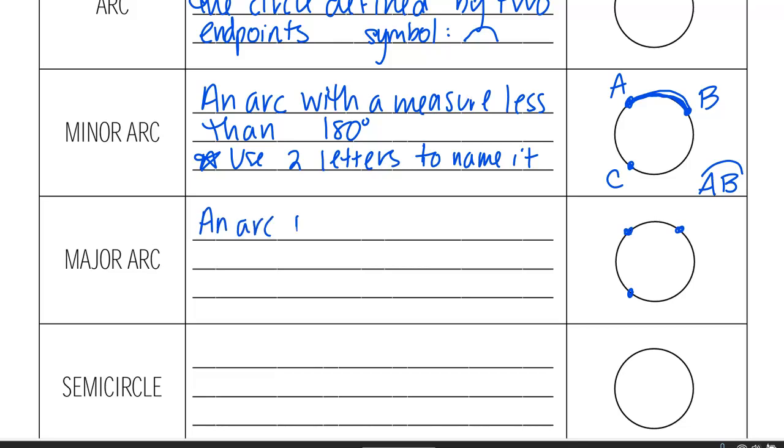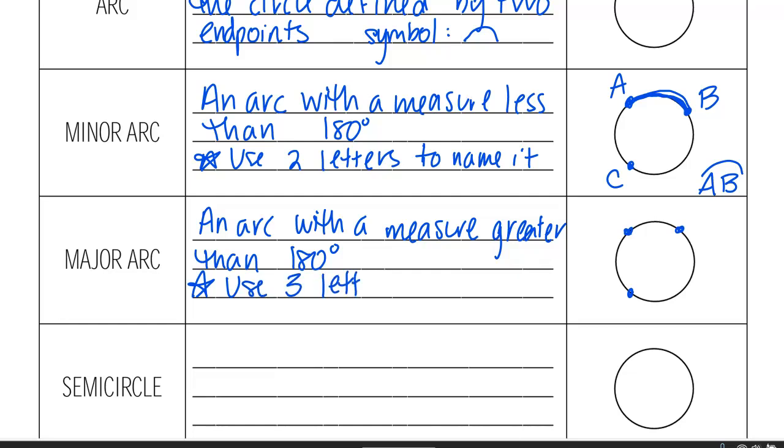All right, so if a minor arc is less than 180 degrees, a major arc is an arc with a measure that is greater than 180 degrees. And we use 3 letters to name a major arc.